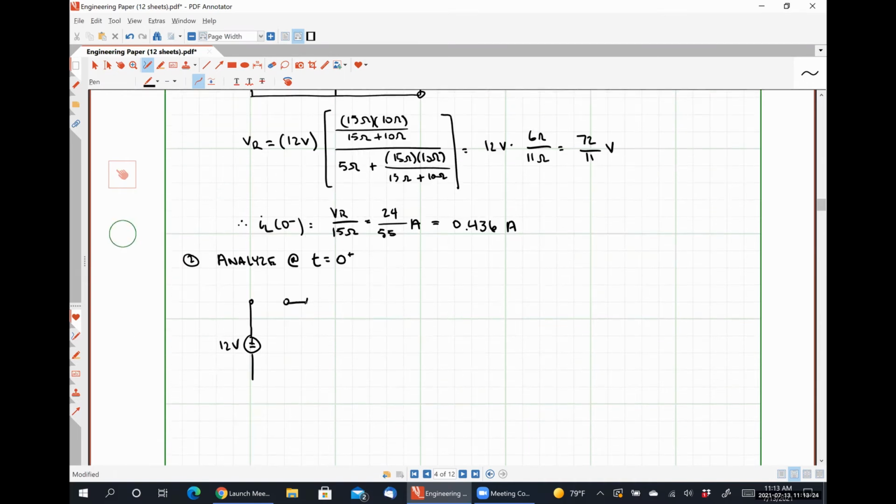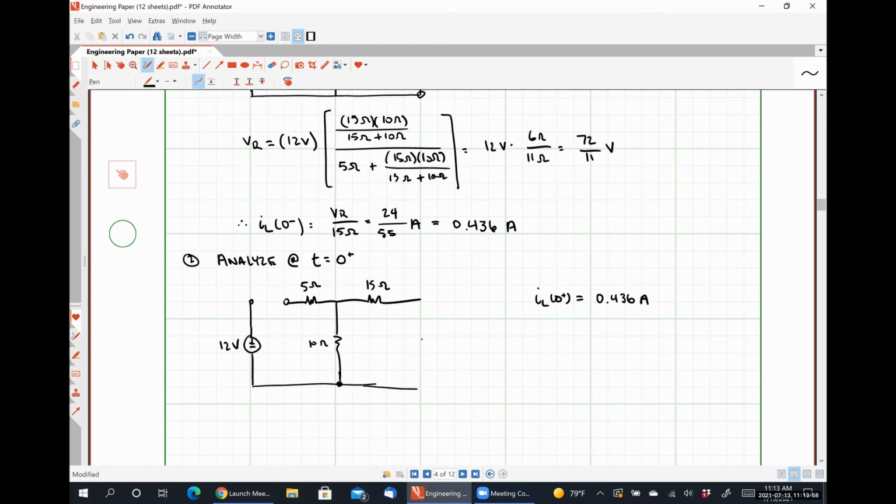So here's our 5 ohm resistor. Here is our 10 ohm resistor. Here's our 15 ohm resistor. And just like I did in the last example problem, I know that IL at 0 plus must continue to be 0.436 amps because the current through the inductor cannot change abruptly.